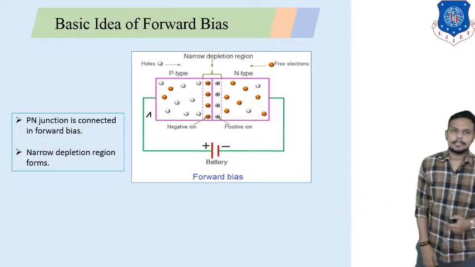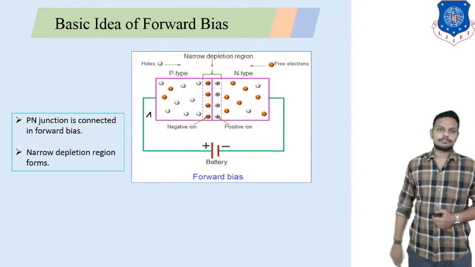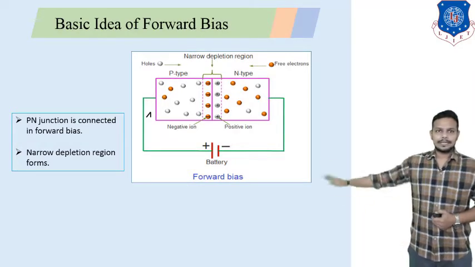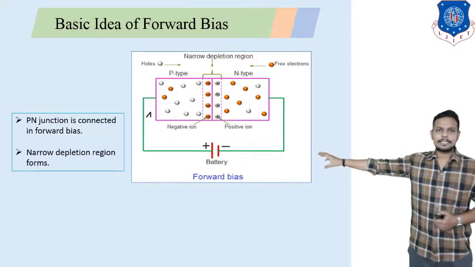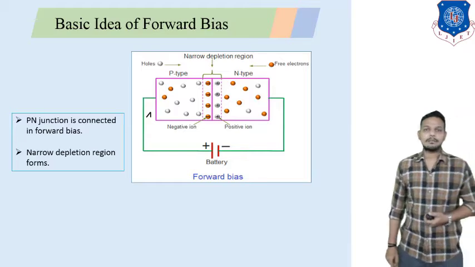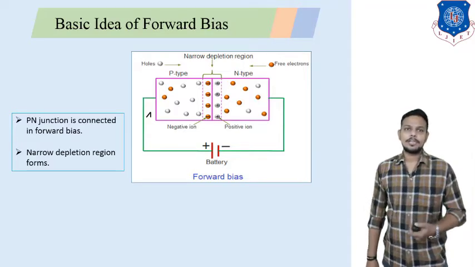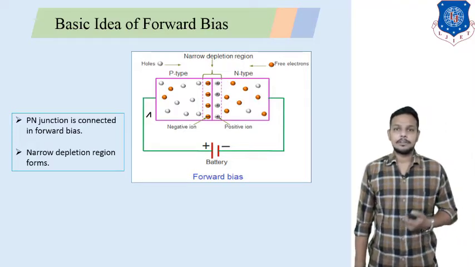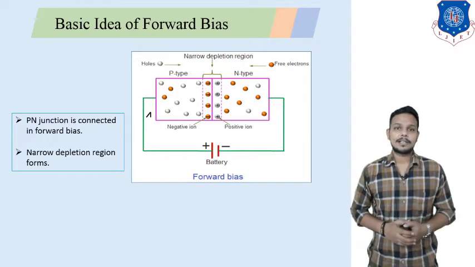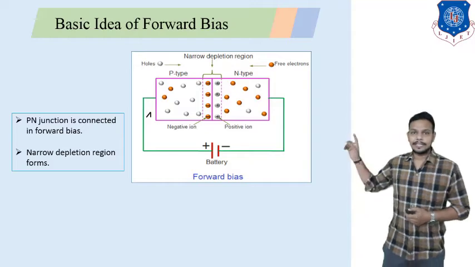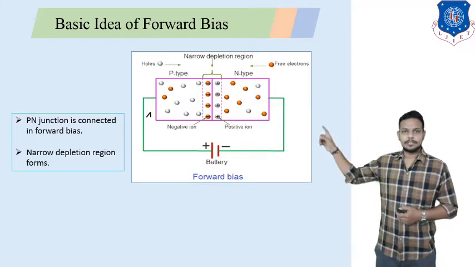Here we can see the construction of a diode. Now it is connected with a battery. What is unbiased and biased? If we are not connecting any battery with this construction, it is the unbiased condition. Biasing means connecting a DC supply or battery with this construction.